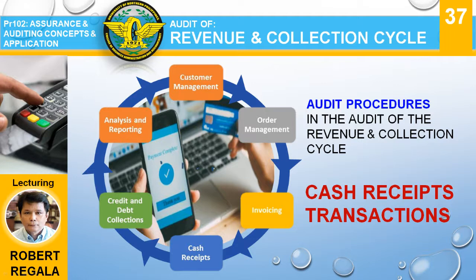The nature of cash itself and the high volume of transactions flowing through the cash accounts make the accounts especially vulnerable to error or fraud. Organizations and auditors usually emphasize the quality of controls over the cash transactions.